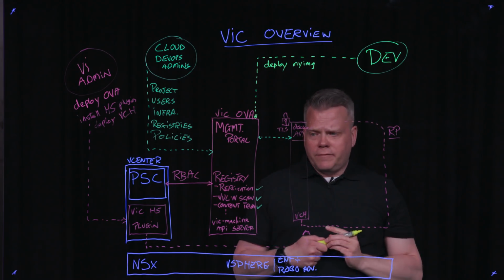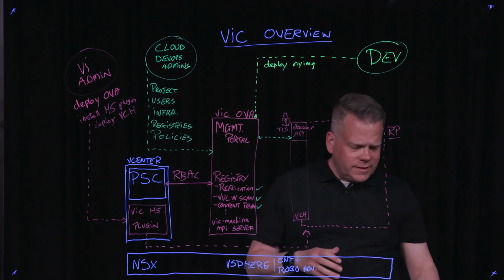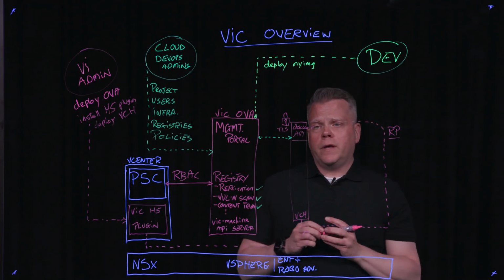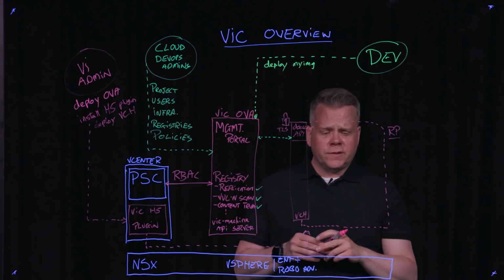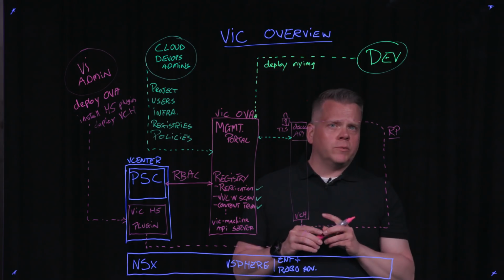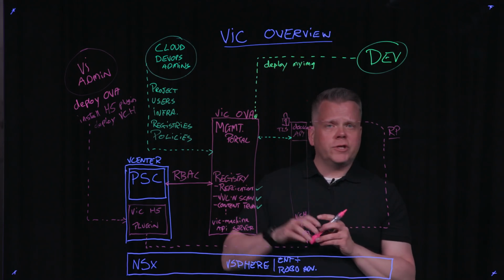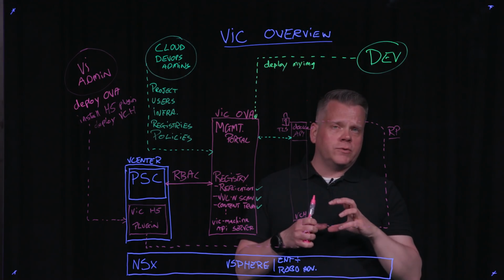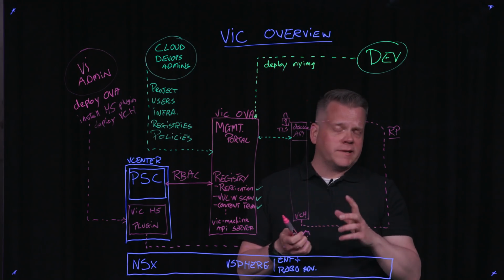One of the key differentiators of vSphere Integrated Containers when you compare it to other engines is that Docker, for example, will use the Docker image and use namespaces and C groups to build a Linux container.